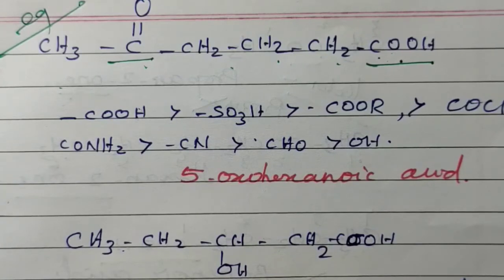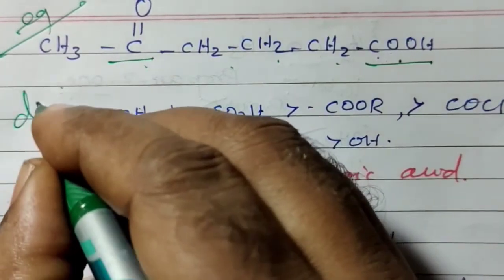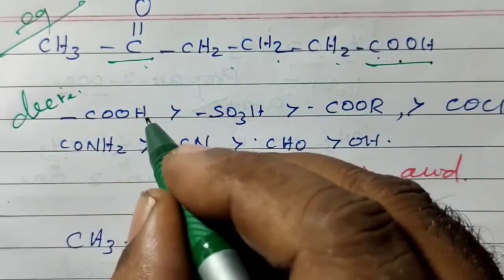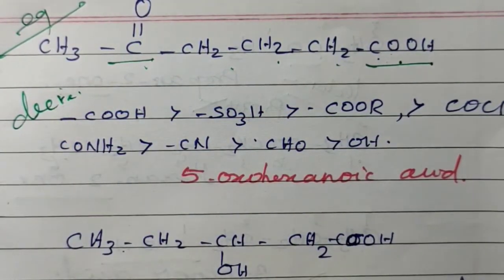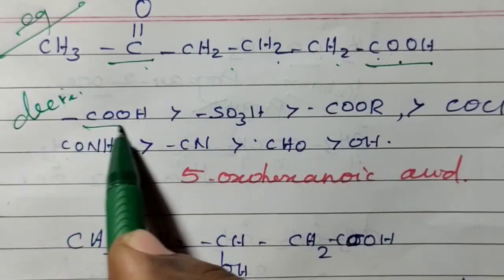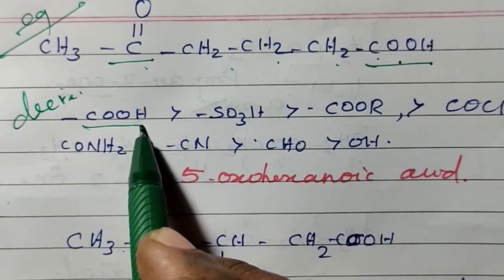So when 2 or more functional groups are present, one acts as the primary functional group, that is the actual functional group of that compound. All the other functional groups act as substituents. So the decreasing order of priority of functional groups is: whenever carboxylic acid comes, it acts as the functional group only.